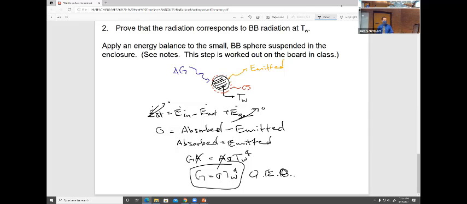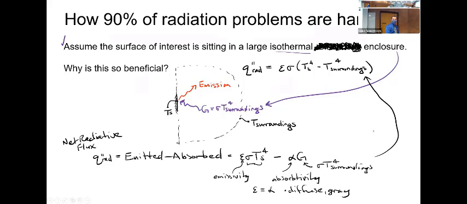So G must be equal to sigma T wall to the fourth if we're in a large isothermal enclosure, where the temperature is equal to whatever the temperature of the walls are. Sometimes we call it the temperature of the surroundings. Okay, so it's proven then, and this idea works, assuming we have a large isothermal enclosure. And it doesn't matter whether the walls are black bodies or not.